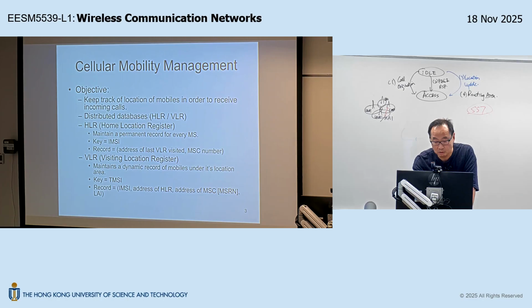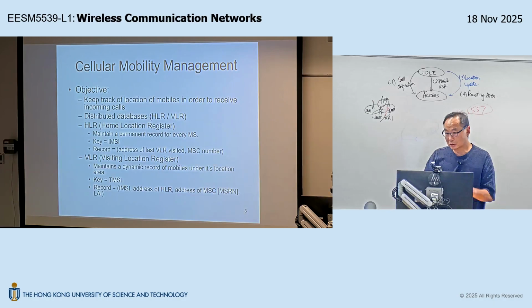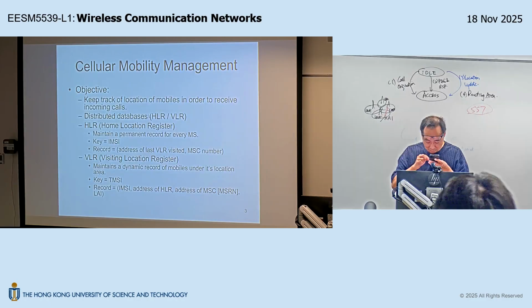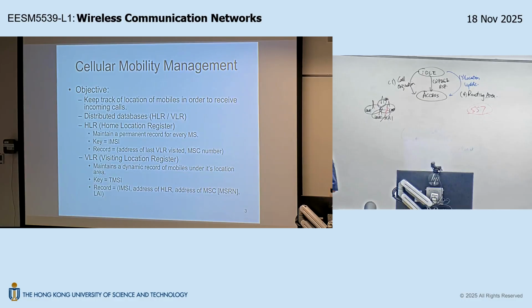As soon as you hear from the base station broadcast that the current location area is different from your local copy, then you do a location update request. Is that okay? So the mobile needs to proactively tell the infrastructure the latest location area. In this way, the infrastructure will be able to keep track of where you are, but only up to the resolution of location area.